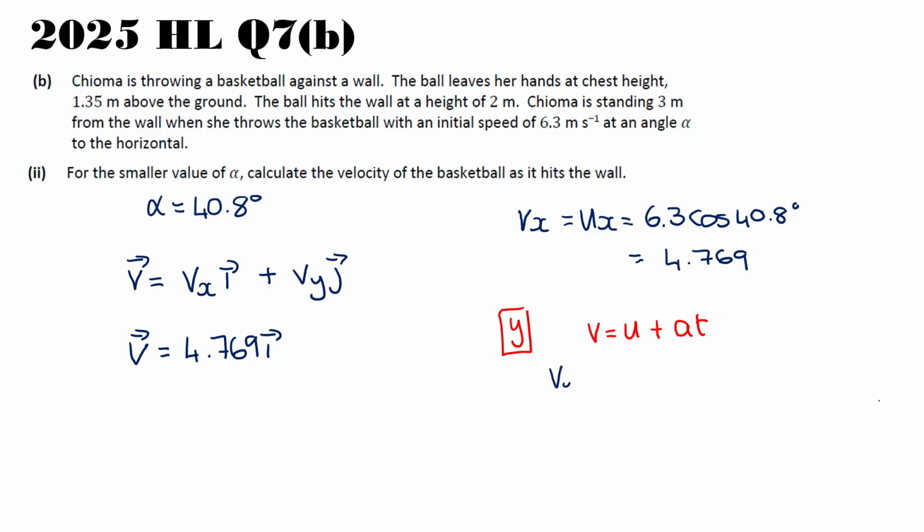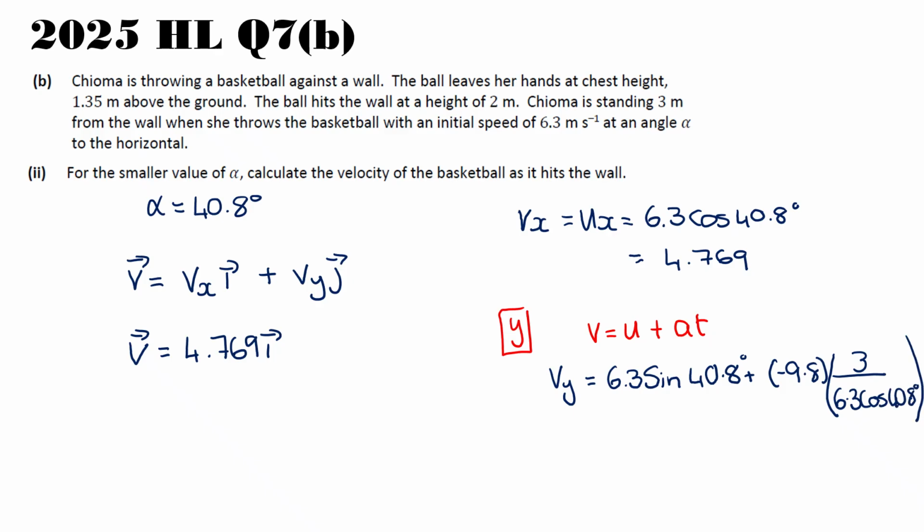So our v in the y direction is going to be our u, which is 6.3 sine 40.8 plus minus 9.8, and remembering our time is 3 over 6.3 cos 40.8. So you can work out the time, that's not an issue, or like here, you can go straight to just throwing the whole thing into the calculator.